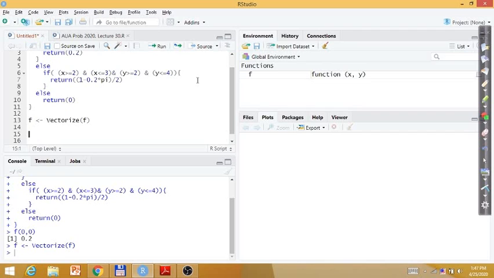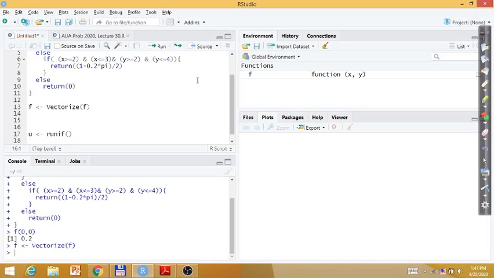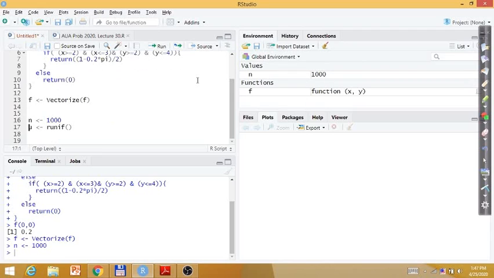Now I can calculate the value of f at some vector. Now what I'm doing is the following. I need to generate u with runif. First I'm taking how many points I will generate, say n is 1000, running this. I'm generating n uniform points from -1 to 3.